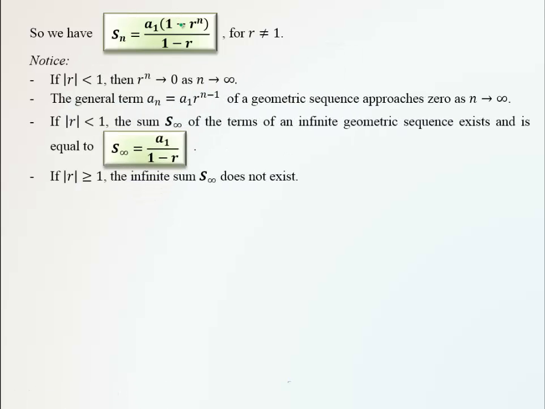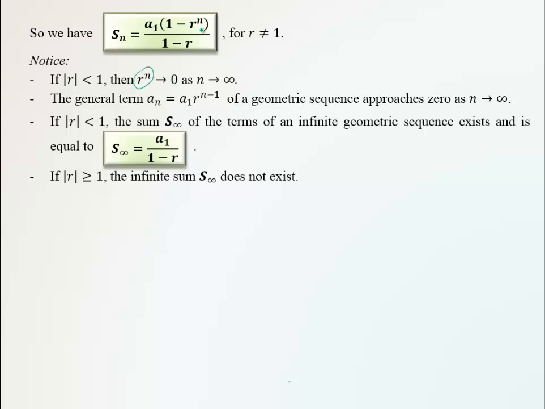Let's analyze this formula. If absolute value of r is smaller than 1, that means the common ratio by itself, regardless of sign, has a form of proper fraction, then if we raise a proper fraction to a very high exponent, this fraction becomes very, very small. So if n goes towards infinity, this term r to the n will actually try to reach 0.